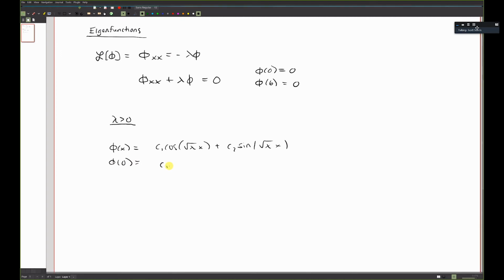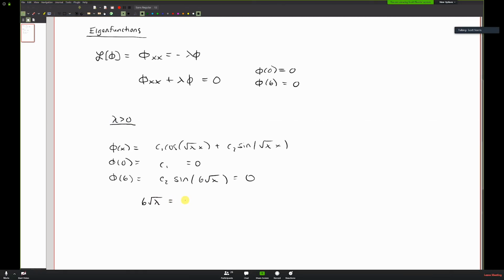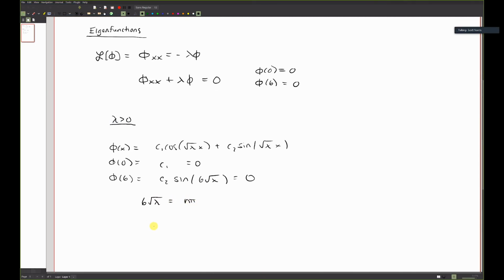Phi of 0 is c1, which is 0, and then phi of 6 is going to be c2 sine of 6 root lambda. That also has to be 0. So in order to make this true without realizing the trivial solution, I need to have 6 square root of lambda equal n pi.